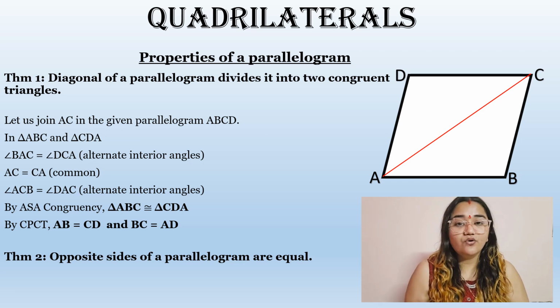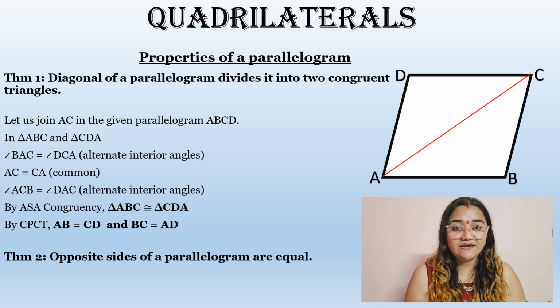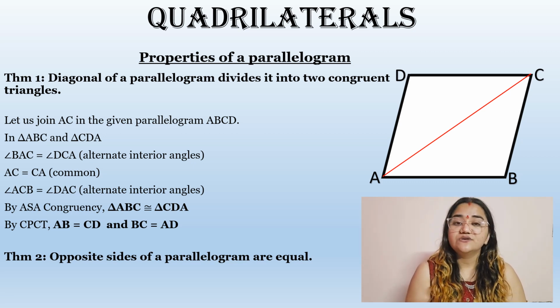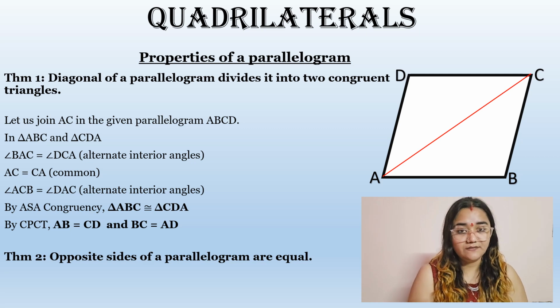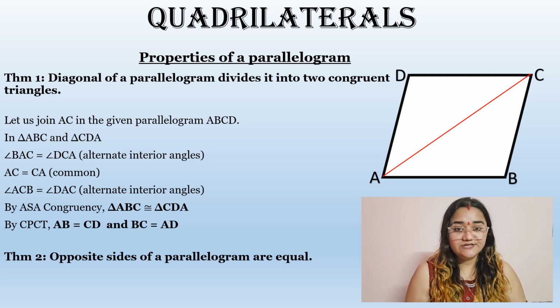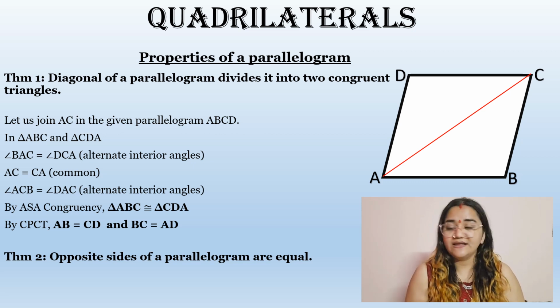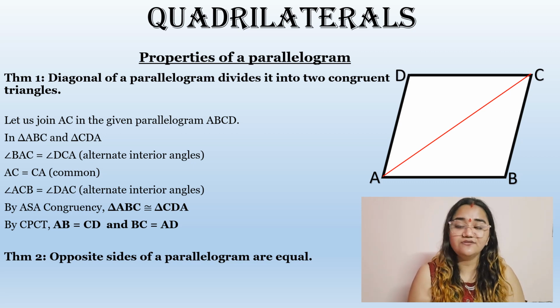As you can see, both the triangles are sharing the same side, that is AC. So our second condition becomes AC equals CA, the reason being common. For any congruency criterion, we need 3 conditions.